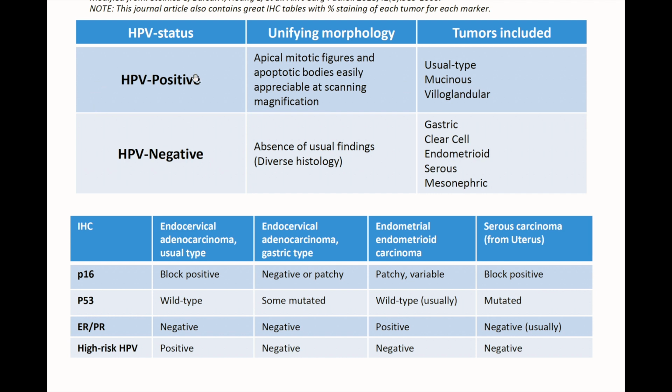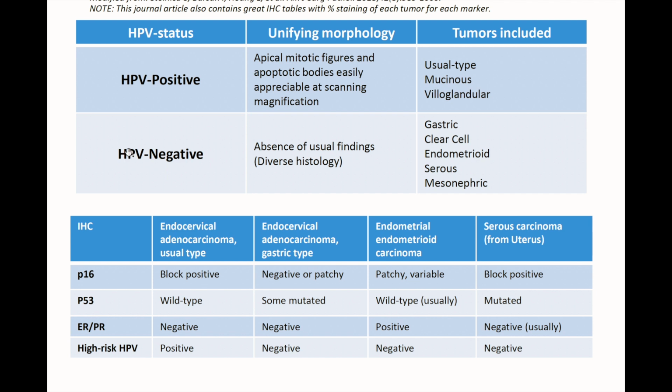And HPV positive, you can have usual type, mucinous, and villoglandular. So really a lot of this is just evaluating morphology, checking HPV status, and then using our IHC panels to help us narrow down what specific subtype we're dealing with and whether it's a primary, a secondary lesion, or some kind of metastasis from a nearby organ.